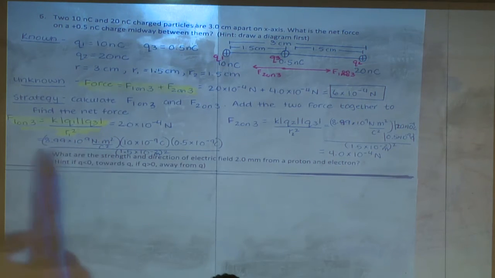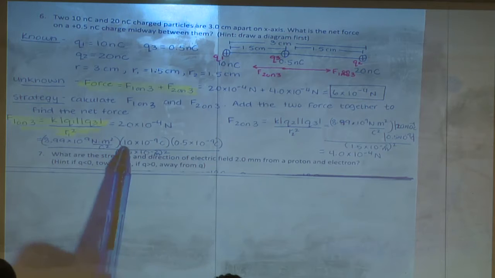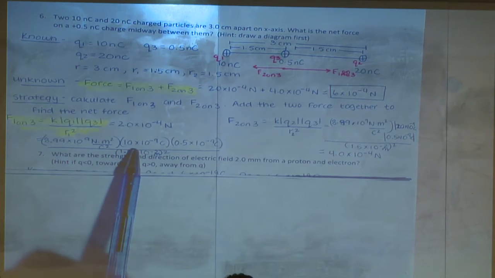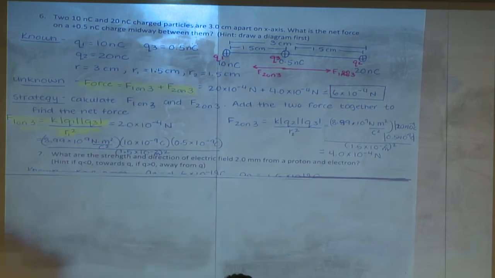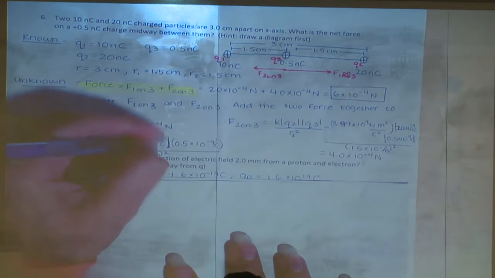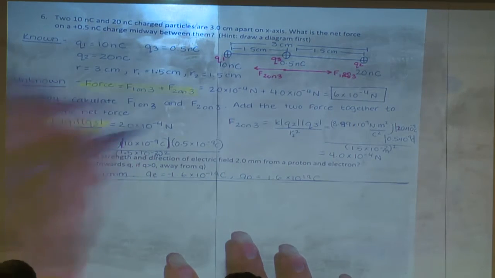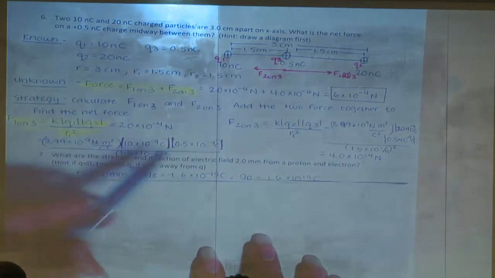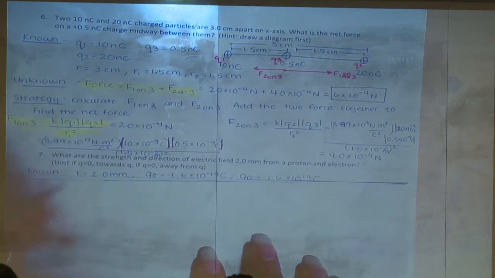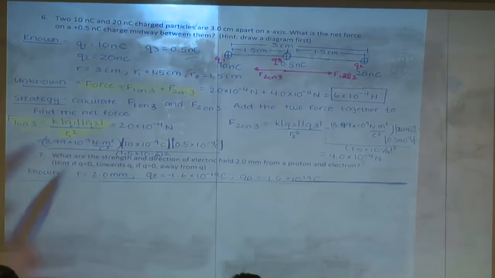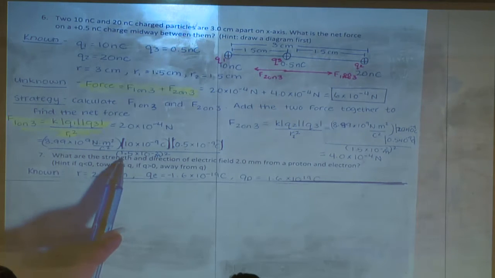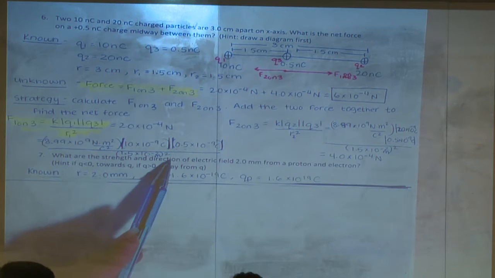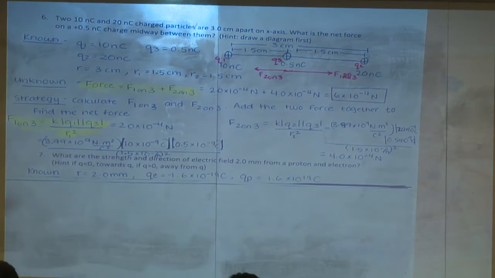Okay, so then for the charges, Q1 is 10 nanocoulombs, and it has to be in absolute value, times Q3, which is 0.5 nanocoulombs, which is going to be 0.5 times 10 to the negative 9 coulombs, again absolute value, over 1.5 times 10 to the negative 2 meters squared, because it's centimeters and we want our distance to be in meters.